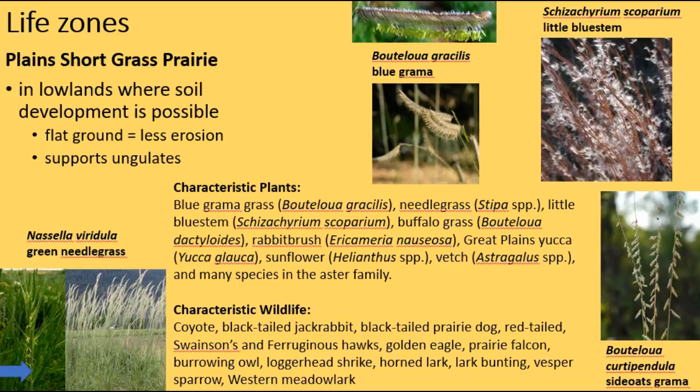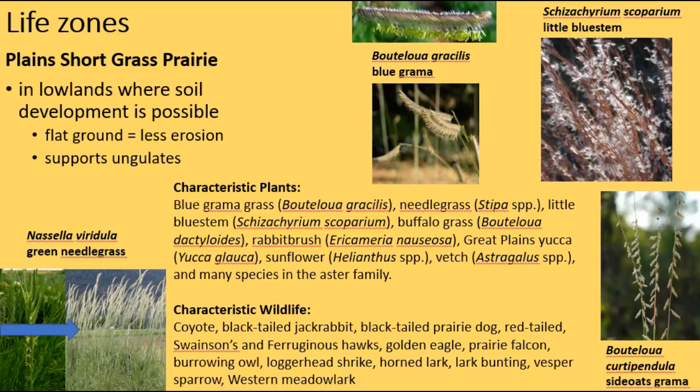Another really characteristic grass is the green needle grass, which is really tall, taller than a human being. And you can see that by lot 10 and some other places in the park. Here, the wildlife, we have the deer, as mentioned before. There's also coyotes and jackrabbits, prairie dogs, hawks, eagles, falcons.